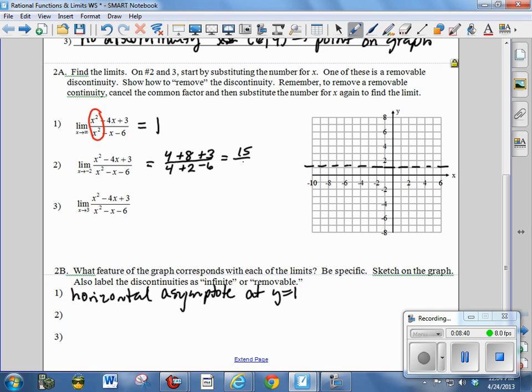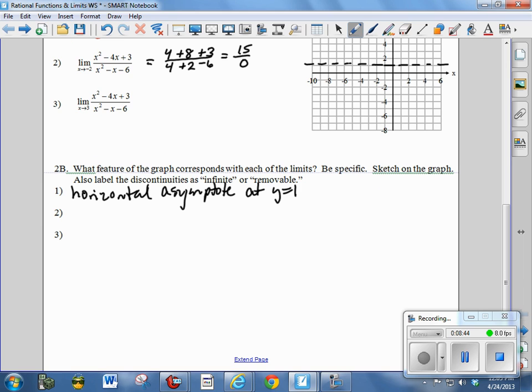That tells me I have what's called an infinite discontinuity. In other words, I can't fix this one. I cannot remove it. This tells me I have a vertical asymptote, not at x equals 15, but at x equals negative 2, because negative 2 is what makes the denominator equal to 0.